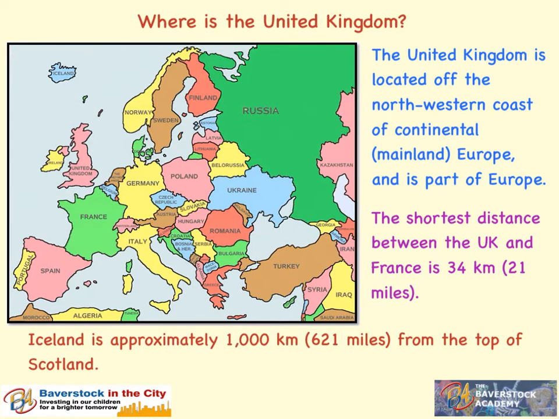The shortest distance between the UK and France is that little bit just there, and it's 34 kilometres or 21 miles. Iceland, this country here, is approximately 1,000 kilometres or 621 miles from the top of Scotland.